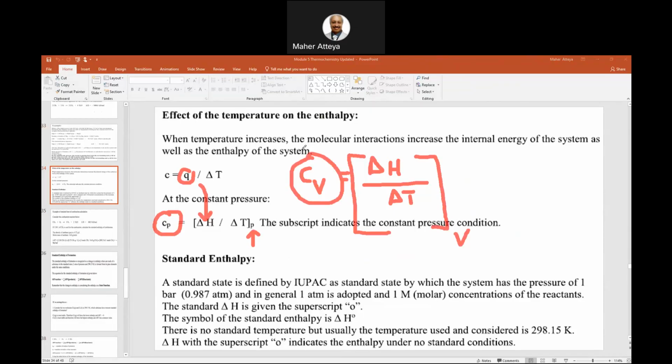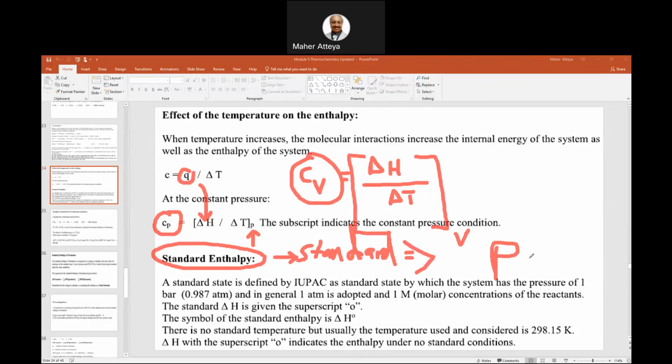So sometimes you say standard enthalpy. Well, what do we mean by standard enthalpy by definition? We relate to standard conditions. Most of the time, standard means the pressure is always 1 atm, correct?